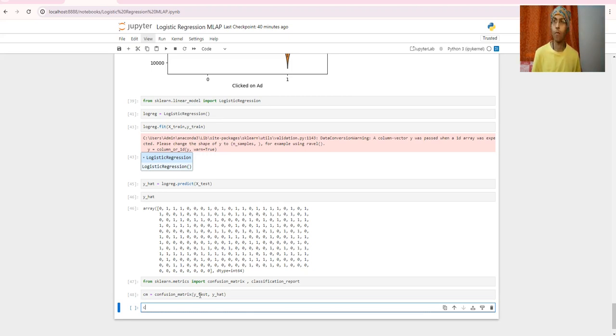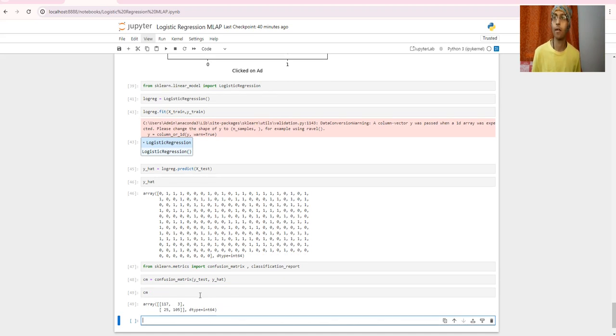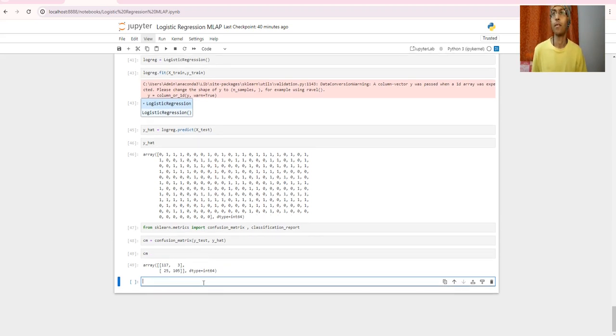Now let us see what the matrix looks like. Okay, 117, 25, 3, 105. Now what do these numbers mean? We have to go to the blackboard and see what this means.